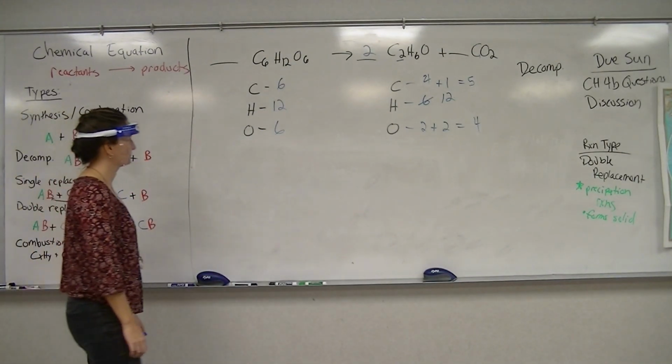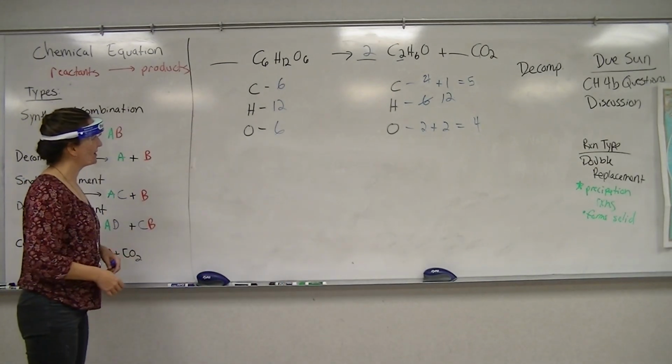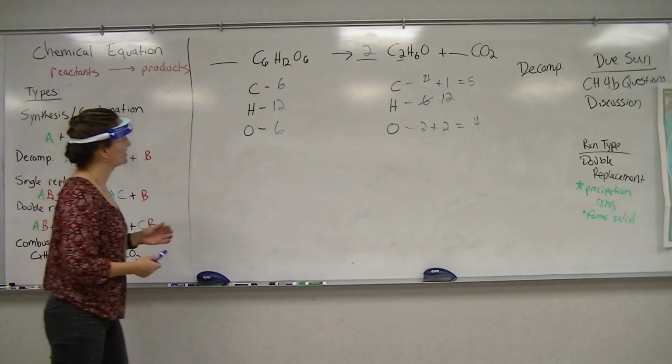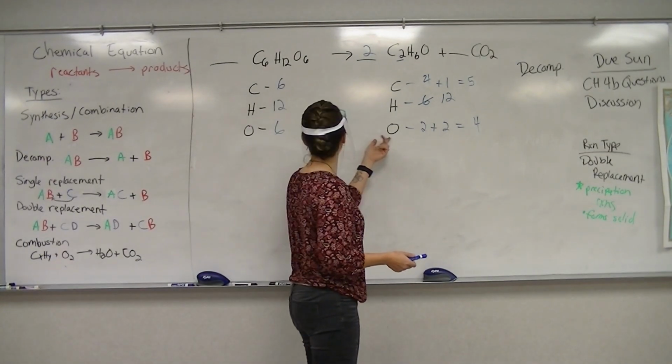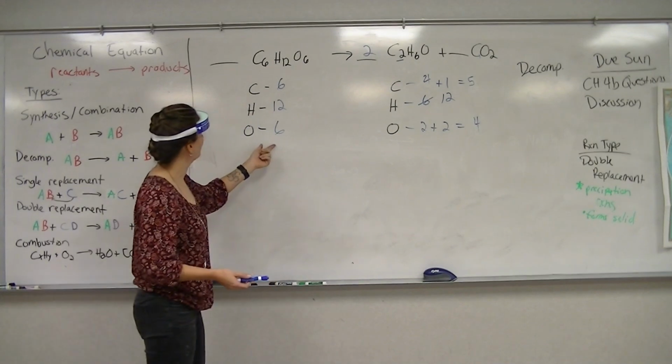All right. Now just pick another one and go from there. Let's see, over here, I have 4 oxygens and I only have 6, right? I guess we could do carbons too, it really doesn't matter.